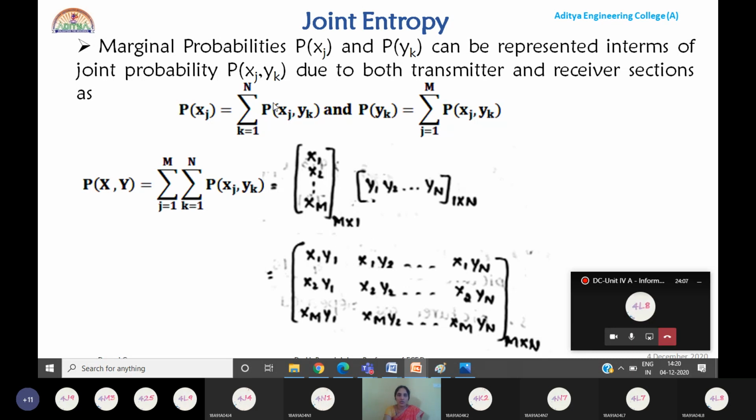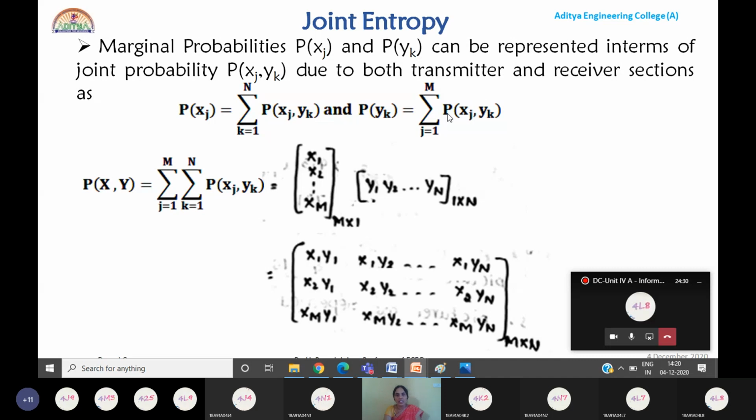This is joint probability. Here we are replacing the joint probability in terms of marginal probability. So if you want to do like this, k equals 1 to n, here you are replacing yk, k equals 1 to n. So automatically you will get the p of xj value.